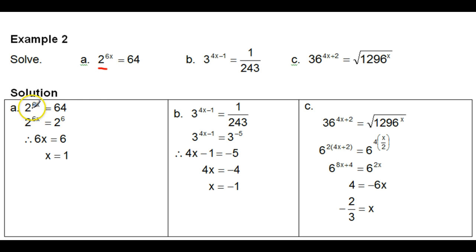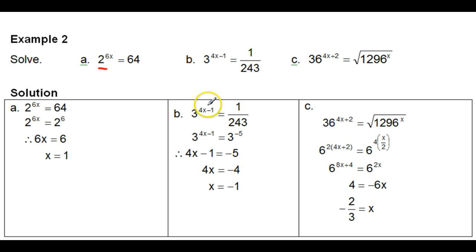And so if I have something that looks like this, what I'm really asked to do is write this term in terms of that same base. 64 is to the exponent 6, and so now if these two sides are equal, which of course we've established by writing this down, 6x must be equal to 6, so x is 1.